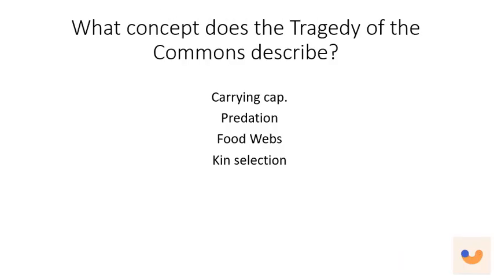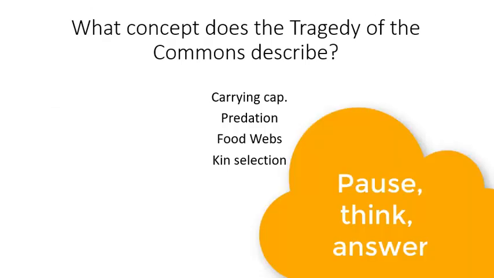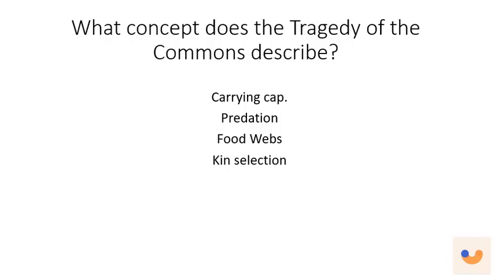The concept of the tragedy of the commons should remind you of something else we've learned about. What is it? The answer is carrying capacity. Carrying capacity for a population is set by the environment.